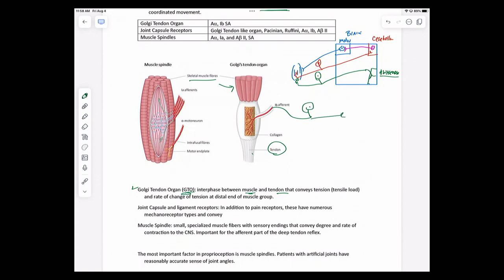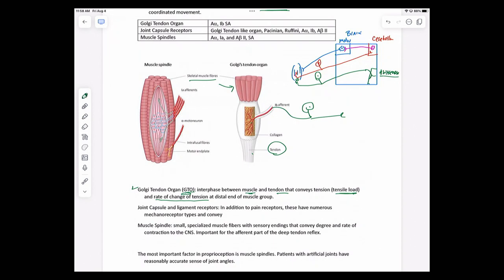And these are going to be measuring several things regarding what's going on with the interface between skeletal muscle and tendon. It's going to be conveying tensile load. In other words, how tight is that? What's the load on this interface between muscle and tendon? Of course, if the muscle is contracting more robustly, then obviously you're going to have a greater load on that tendon. It will also communicate rate of change in the tension at the distal end of the muscle group.